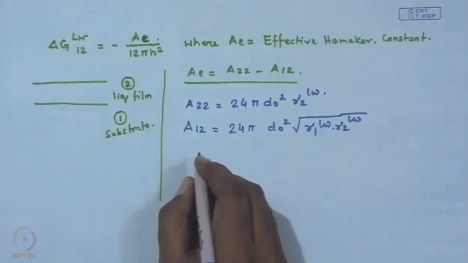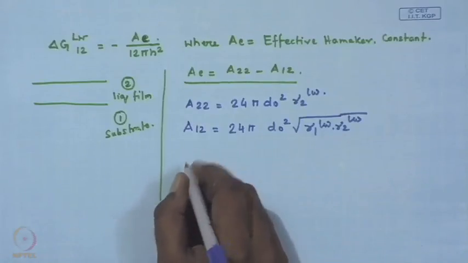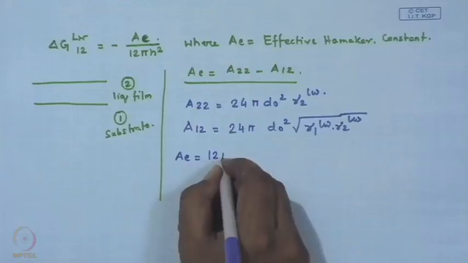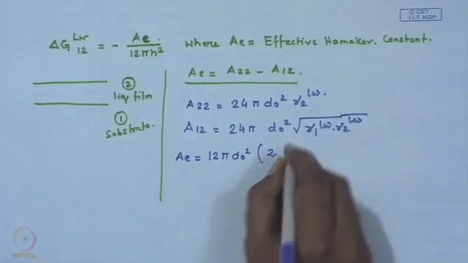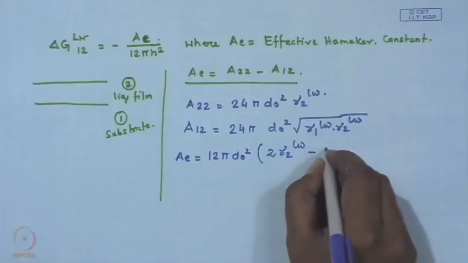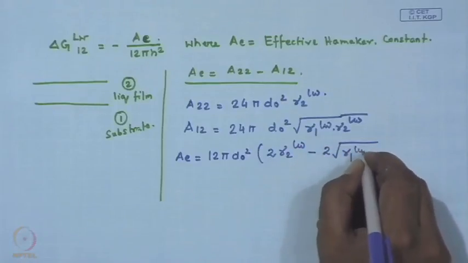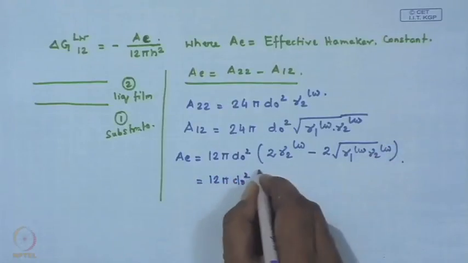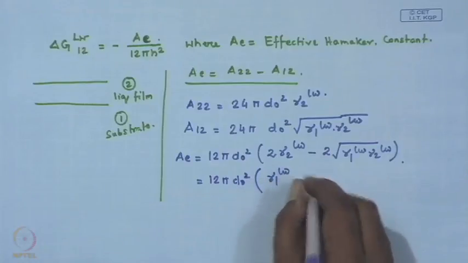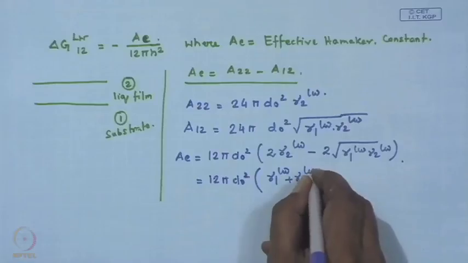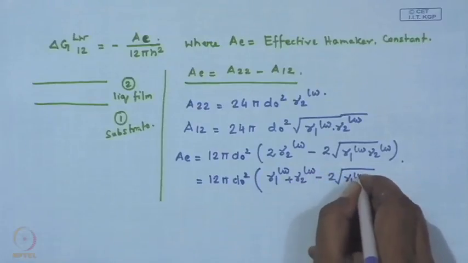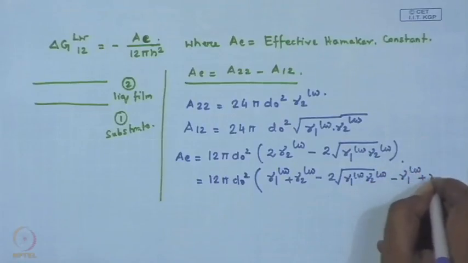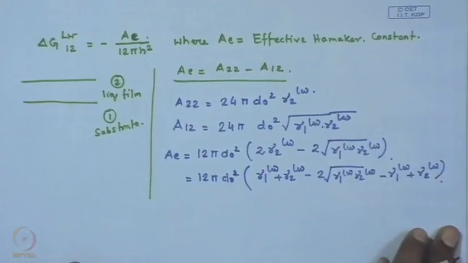Therefore, AE can be written as 12 pi d0 square into 2 gamma 2 LW minus 2 under root of gamma 1 LW into gamma 2 LW, and one can do a little bit of algebraic manipulation of the form add and subtract a gamma 1 LW.